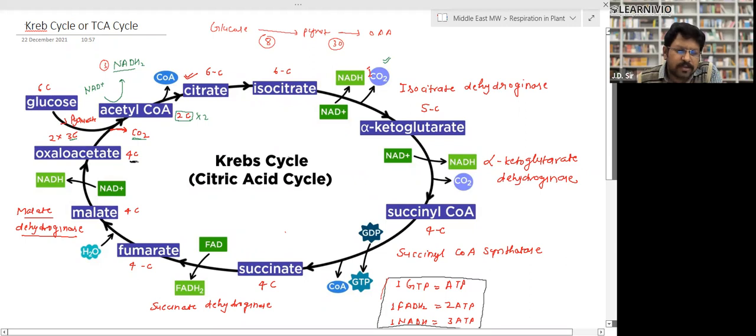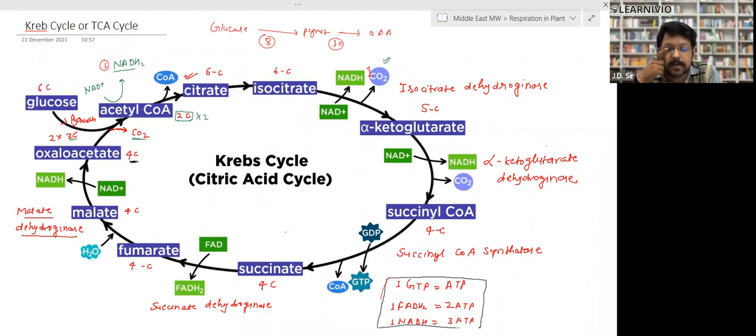You need not go with that, because that is not practically possible to remember, and you need not. Actually, this is much more complex than your NCERT, right? This is sufficient. It is a very complex cycle, and that's why most of the students do not remember it. Please remember only these names which are there in this cycle.